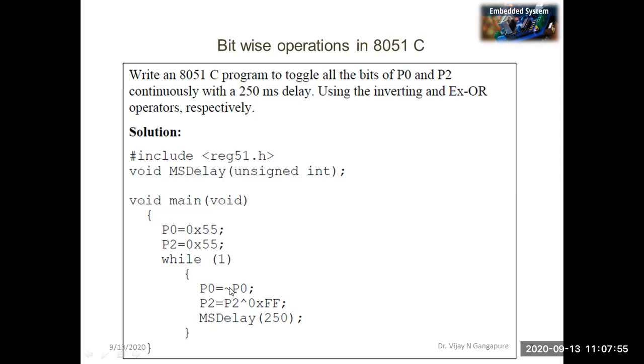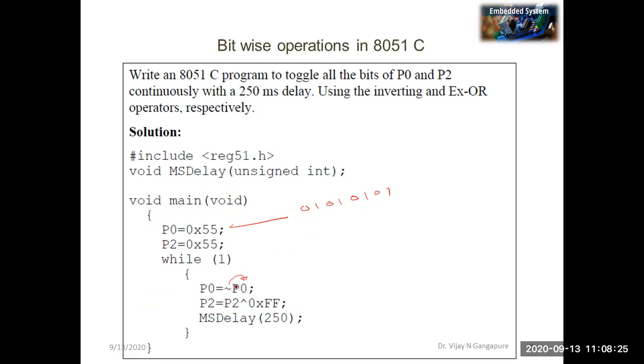After inversion of 55, what data will we get? We will get AA, because 55 is 01010101.